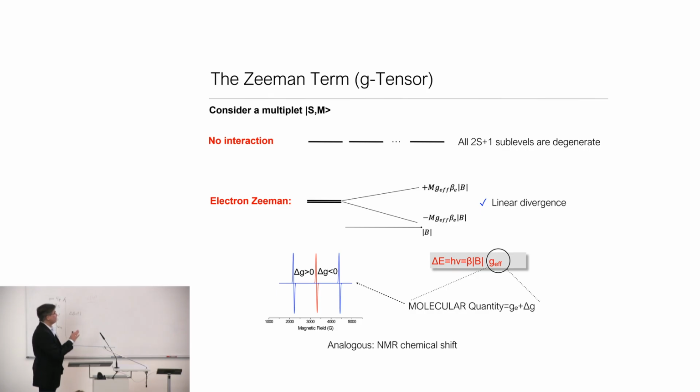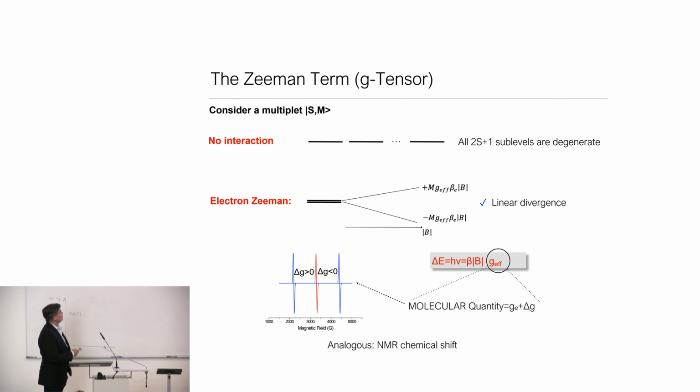Yes, there is a zero field splitting, but we come to that later. So in the absence of magnetic field, these are degenerate. If you just solve, say, the Born-Oppenheimer Schrödinger equation, you come out with 2S plus 1 degenerate levels. Now when you turn on the Zeeman interaction, these levels are linearly diverging.